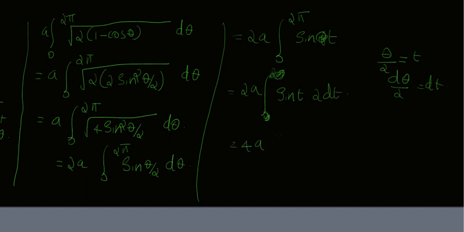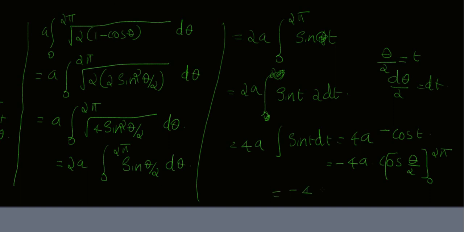Which is equal to 4a into the integral sin t dt, which is equal to 4a into, sin t integral is minus cos t, which is equal to minus 4a into cos t, that is cos of theta by 2, from 0 to 2 pi. This is my technique actually. Minus 4a into, 2 pi by 2, that is cos pi minus cos 0, which is equal to what?